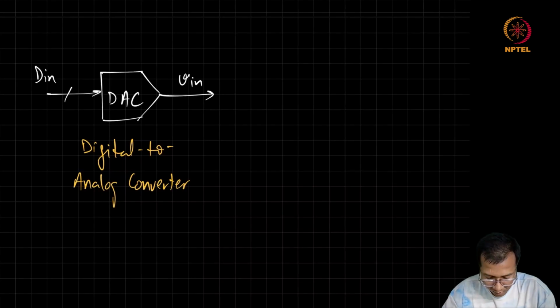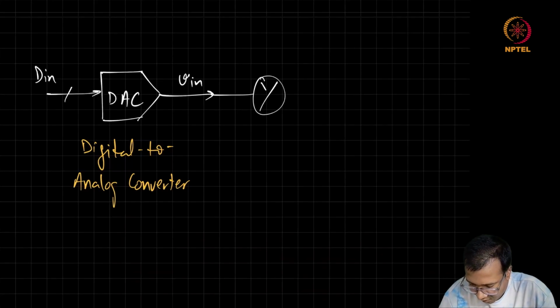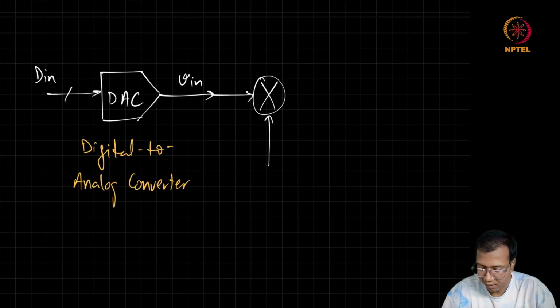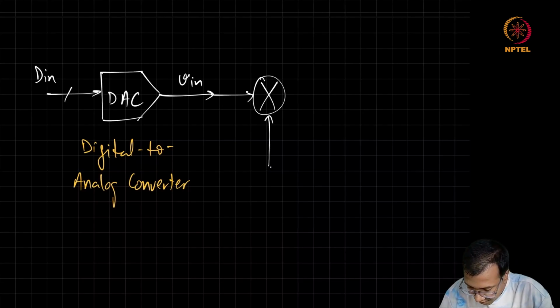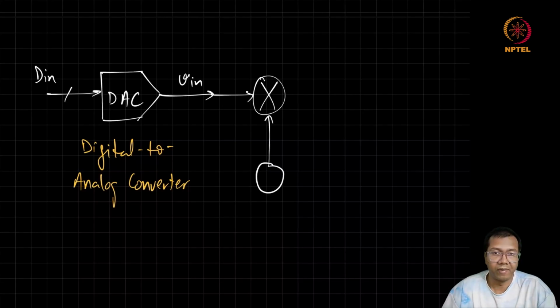Now this V in signal, we need to translate in frequency so as to feed it to an antenna. So here we can add a multiplier block, and this multiplier, as we remember, takes V in and multiplies it with a periodic signal, which needs to be generated by a self-driven circuit.